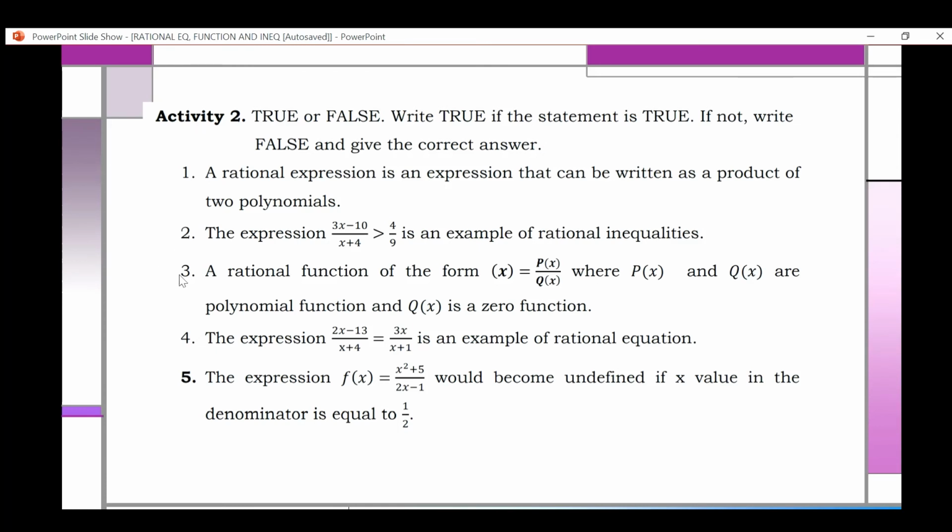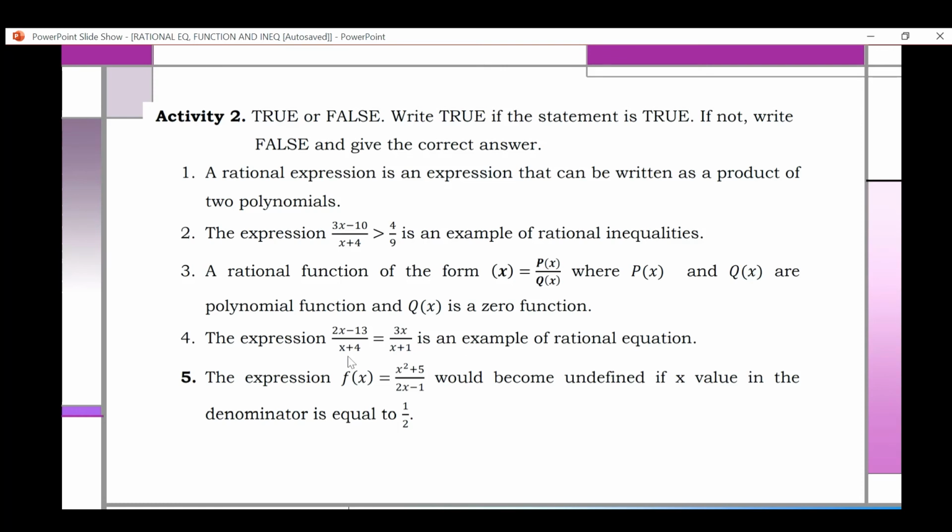Okay, next, number 3. A rational function of the form p of x over q of x, where p of x and q of x are polynomial function, and q of x is not a zero function. Okay, so the answer here is true. Okay, so because this is a definition of rational function. Okay, number 4. The expression 2x minus 13 over x plus 4 equals 3x over x plus 1 is an example of rational equation.